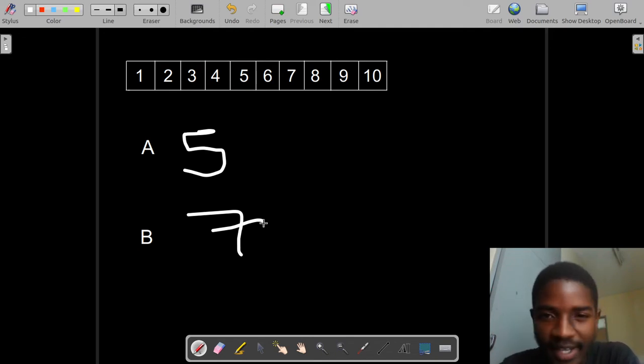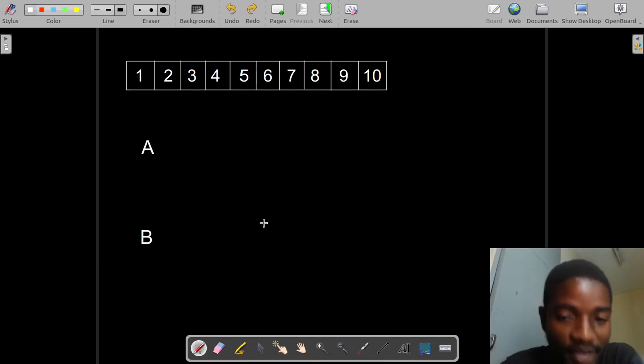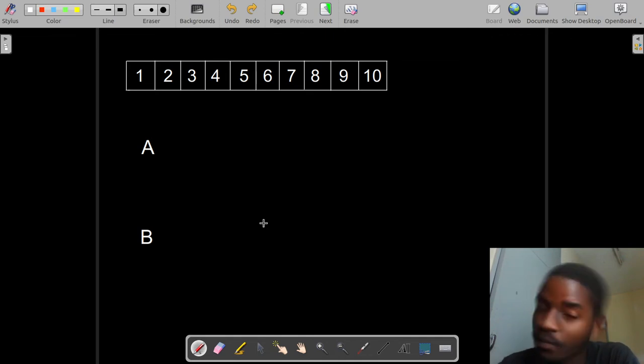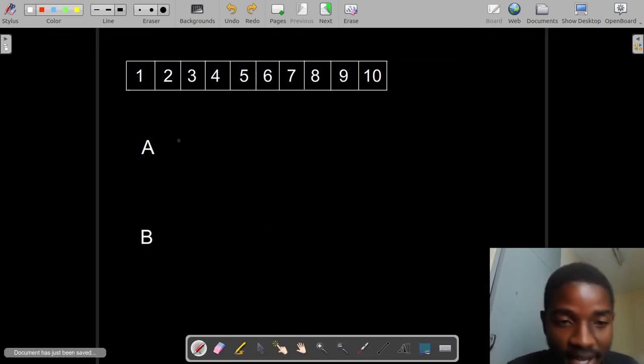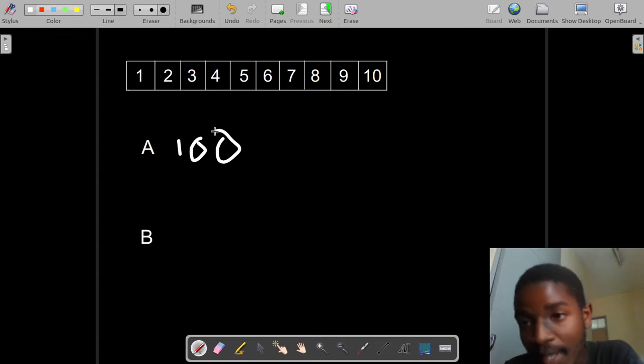Let's play another game. We have the list, which is 1 up to 100, and we're searching for the element 100, which is at the end of the list. Player A uses linear search, and we all know that it is going to take 100 tries. Player B uses binary search.